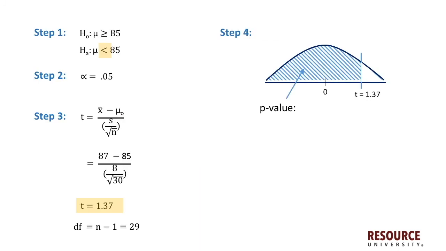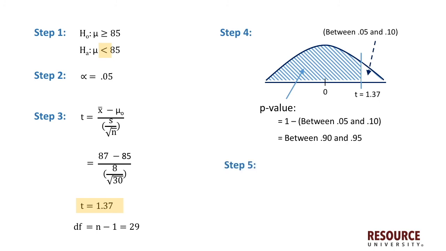The upper tail area corresponding to the t-score of positive 1.37 for degrees of freedom 29 is between 0.05 and 0.1. And the shaded region, or the p-value, which is given by the lower tail area, is given by 1 minus the upper tail area, which would be between 0.9 and 0.95.